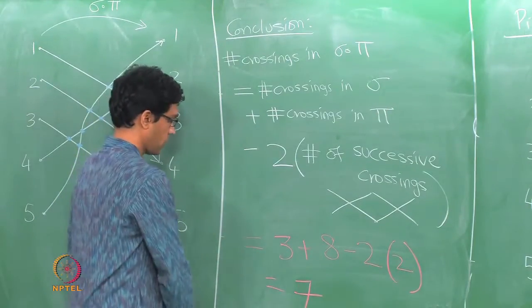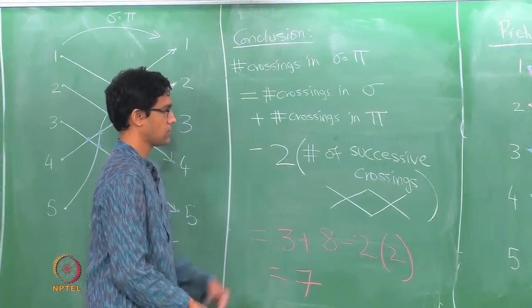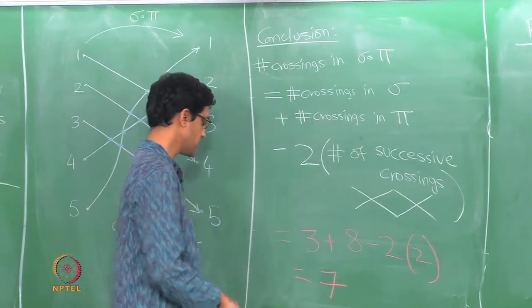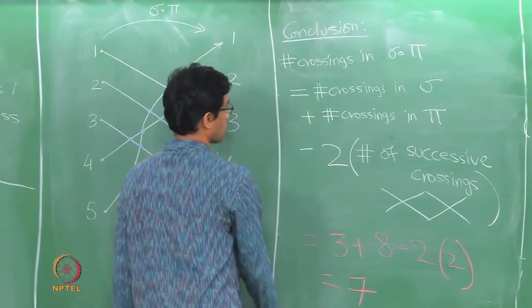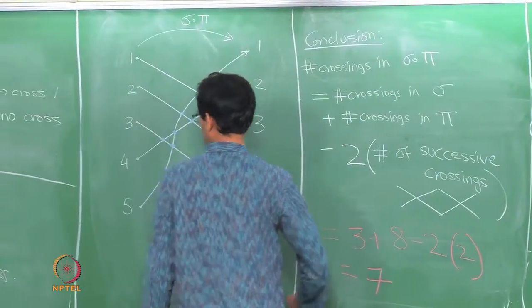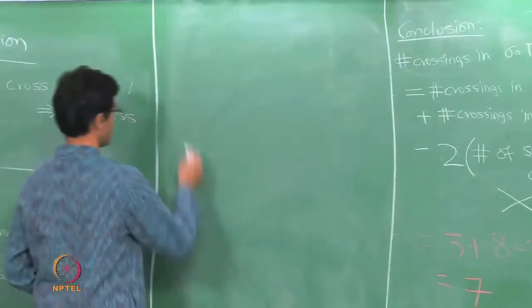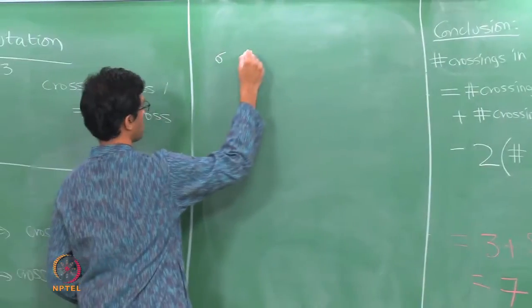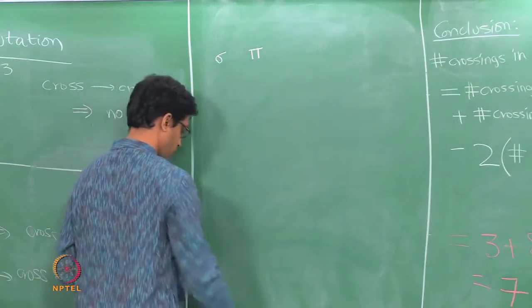Now, the main consequence of this is really for the sign. Here is a nice corollary, and here is a nice table we can make: sigma, pi and the composition.